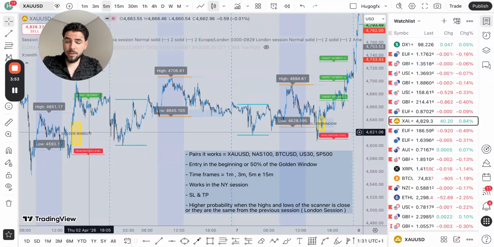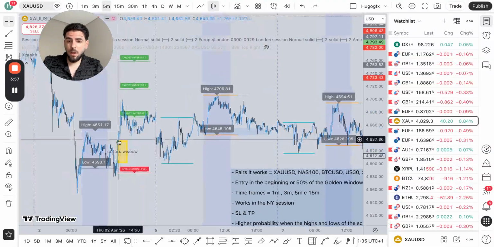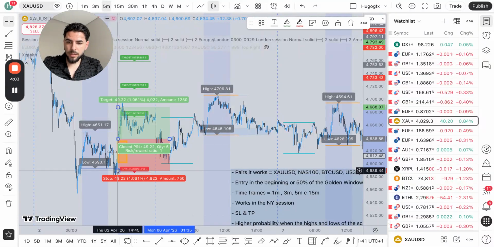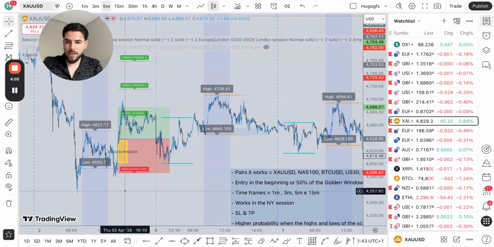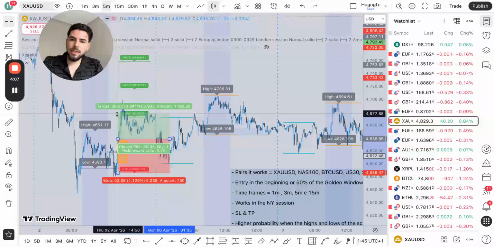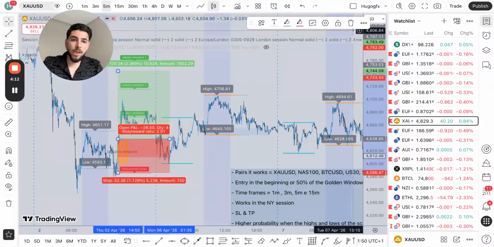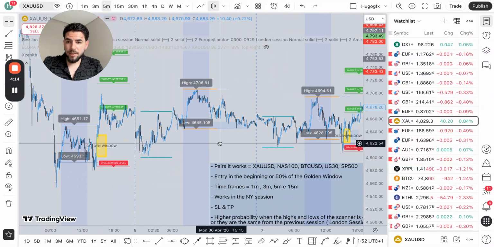So to enter the trade, you have two possibilities. You can either enter at the beginning of the golden window, okay? For example, an entry like that, where the stop loss is at the invalidation level, and of course you're gonna target targets 1, 2, and 3. Okay, this is the first possibility that you have.